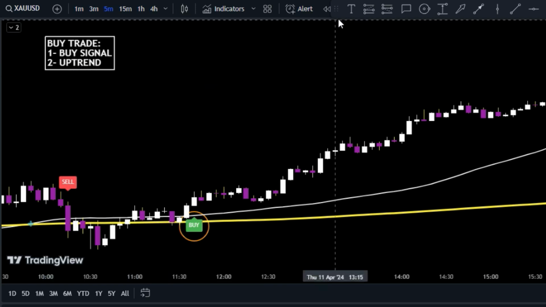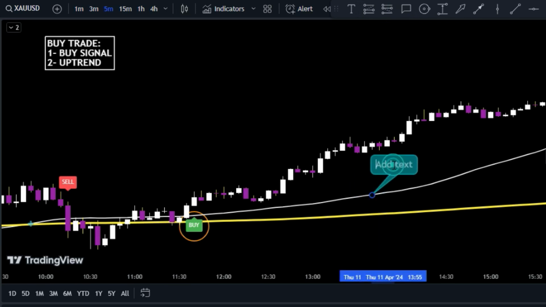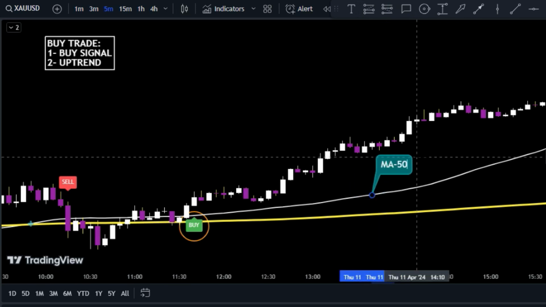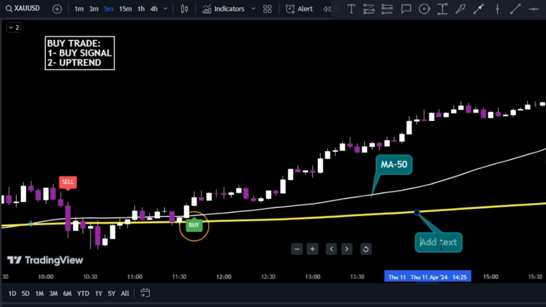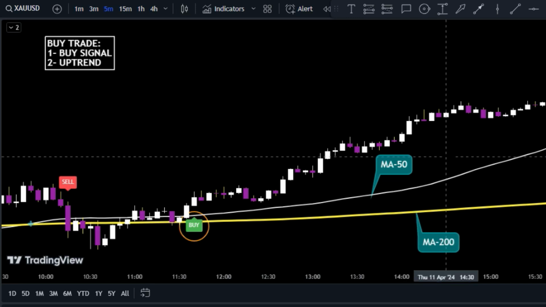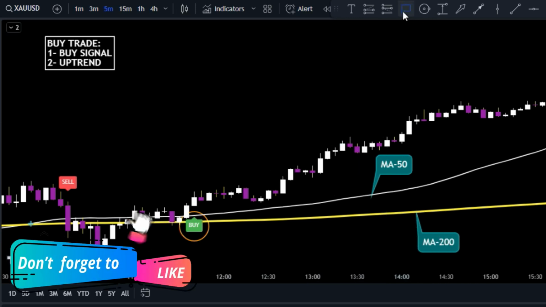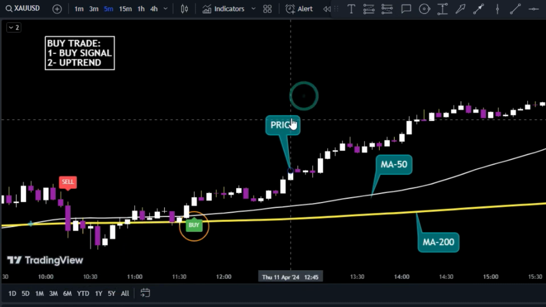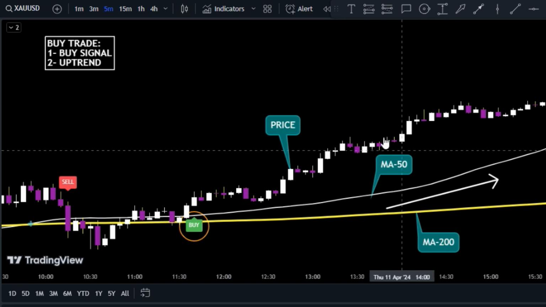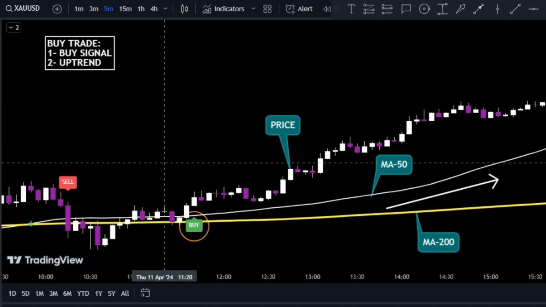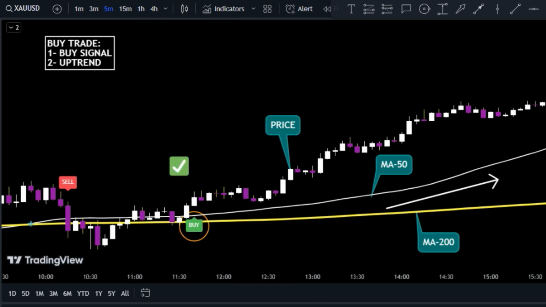To do this, check the relationship between the MA50 and MA200 lines as well as the price, just like we discussed earlier. So once both of these conditions are met, you're good to go ahead and open that buy trade.